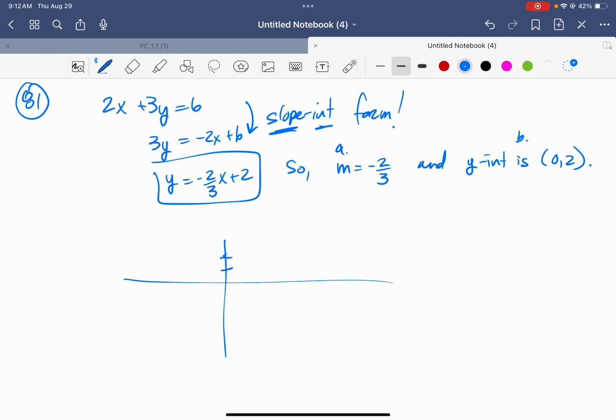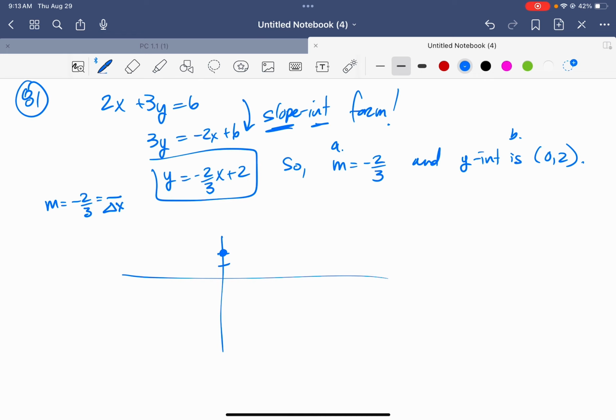I go up to 0, 2, and then a slope of -2/3 tells me that every time I walk an x of 3, if my change in x is 3, my associated change in y better be -2.